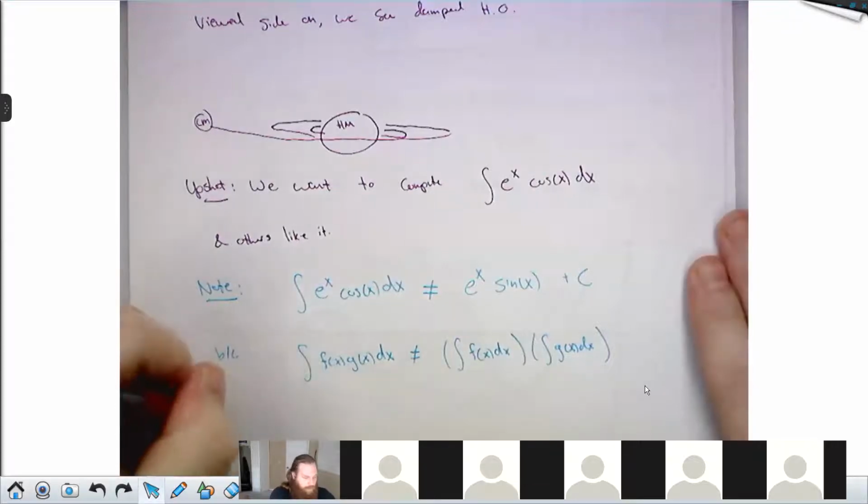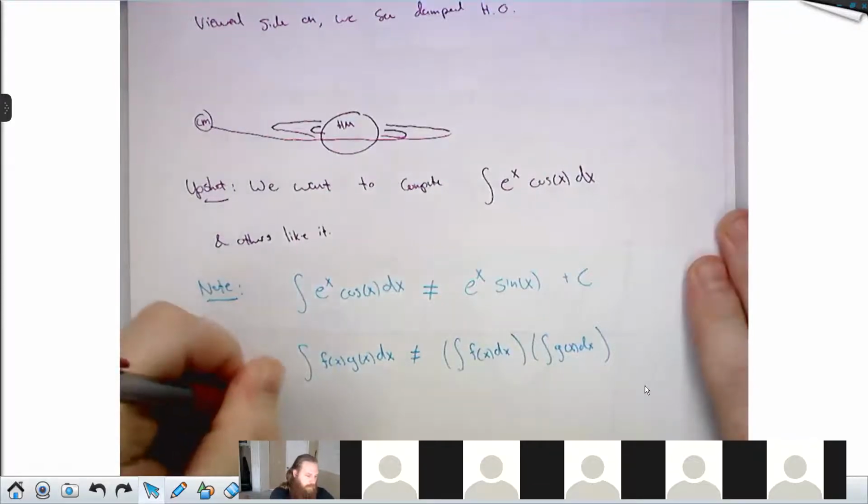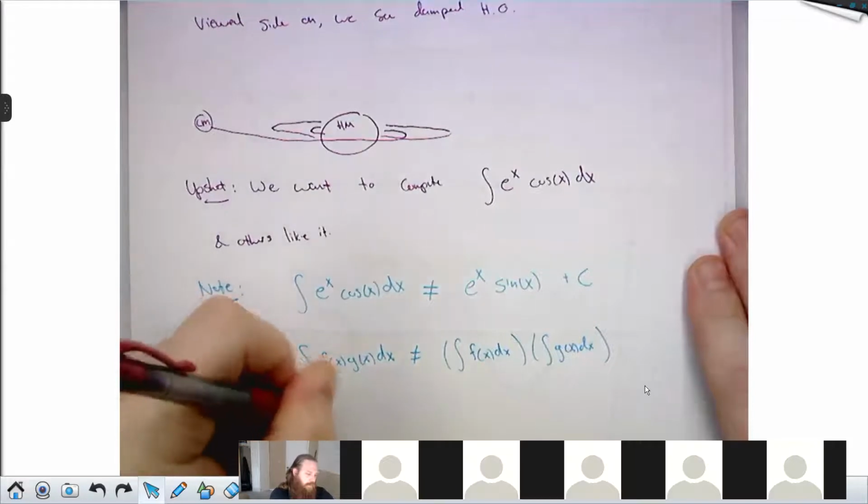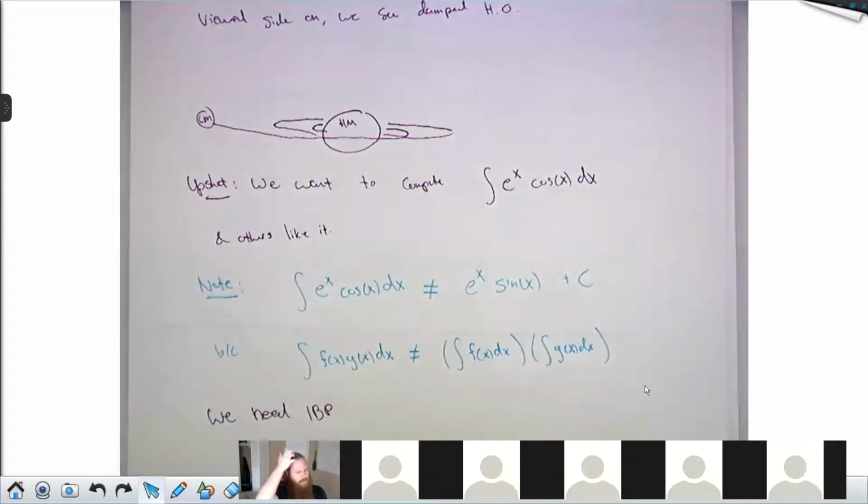We need IBP. That is with constants, not with functions. Even with constants, this rule doesn't work. You can pop out a constant, but the integral of a constant with respect to x would be that constant times x. So constant multiples pop out of integrals, but it still wouldn't satisfy this rule.